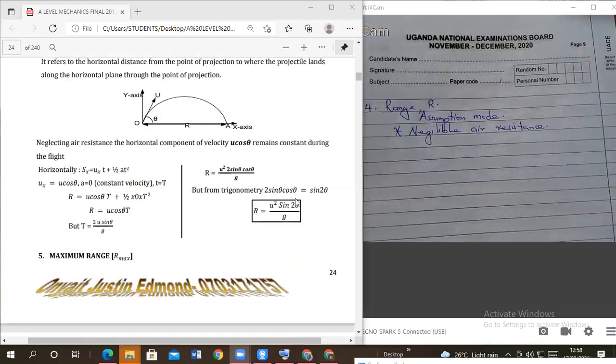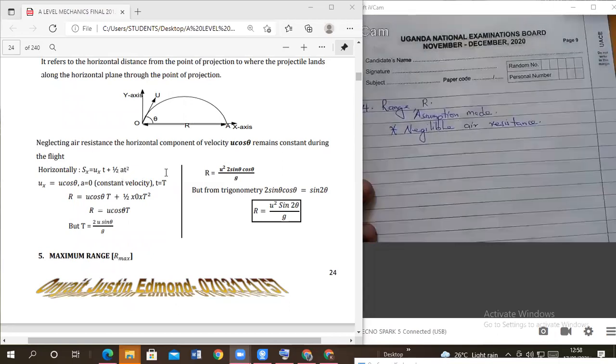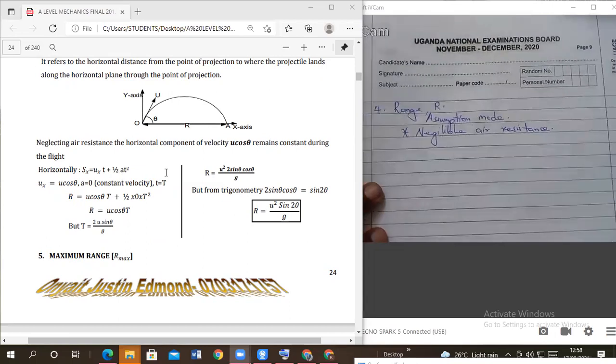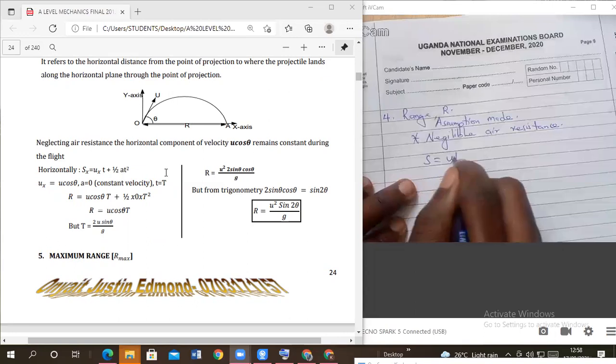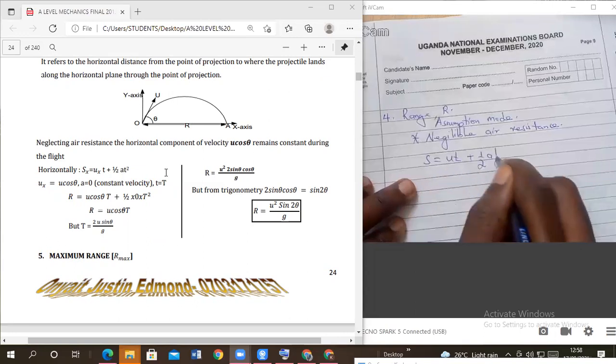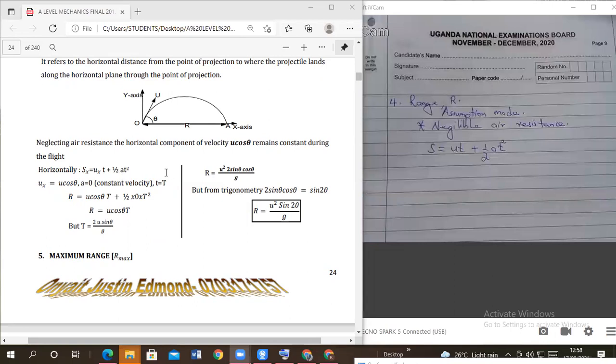Okay, let's see how do we find that. Since I've said it is horizontal distance, which means we must use the equation for horizontal motion. Since it is distance, we must use the second equation of motion: S equals UT plus half AT squared.